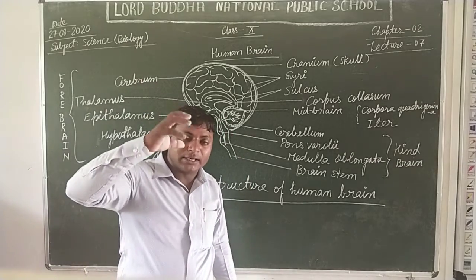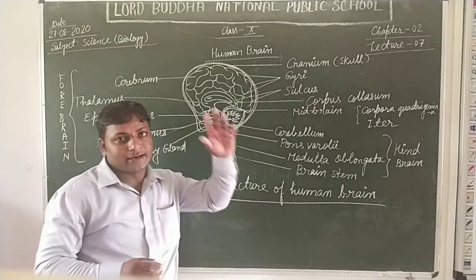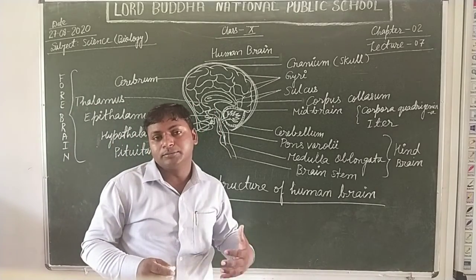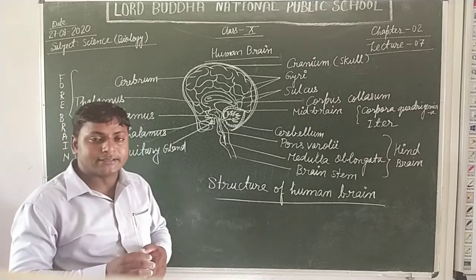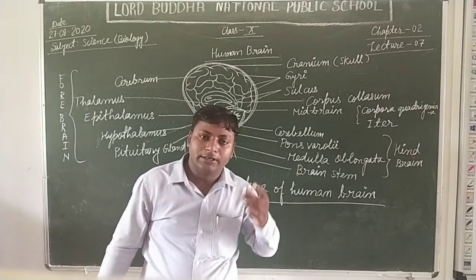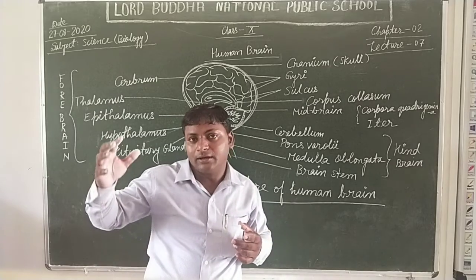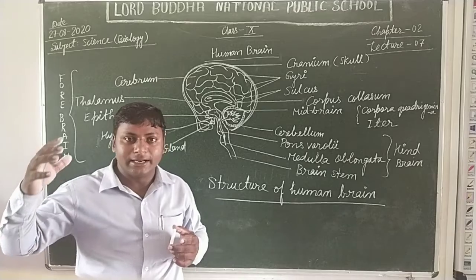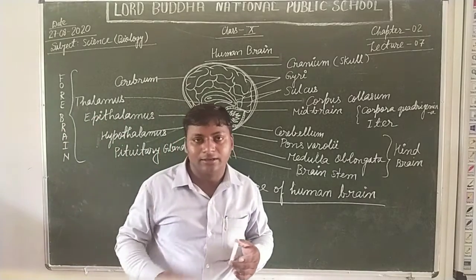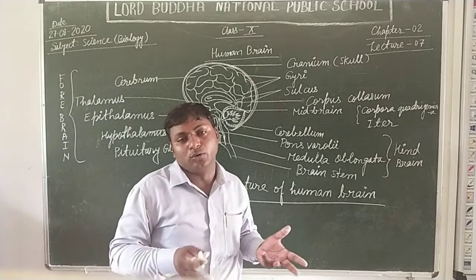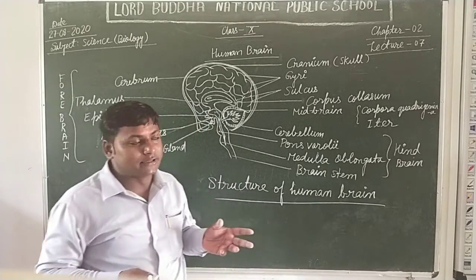Students, the right lobe is the control center of the left half of the body parts, whereas the left hemispherical lobe controls all kinds of functions of the body parts present in the right half. It means it performs antagonistic control and coordination functions.